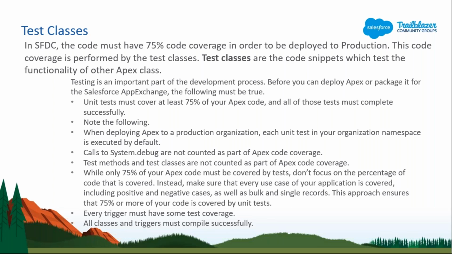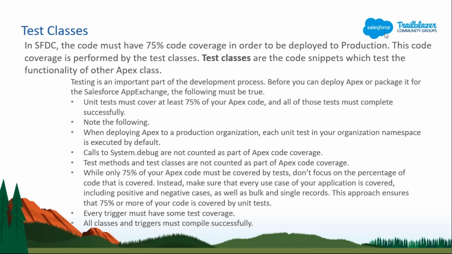If you want to deploy your code to production from a sandbox or any lower environment, then you need to create a test class, and that test class should cover the code which you have created and used in other classes or triggers. Let's say you have created a trigger and you are going to deploy it to an upper-level environment like production.